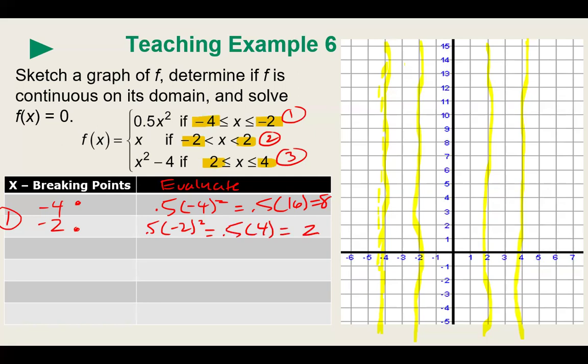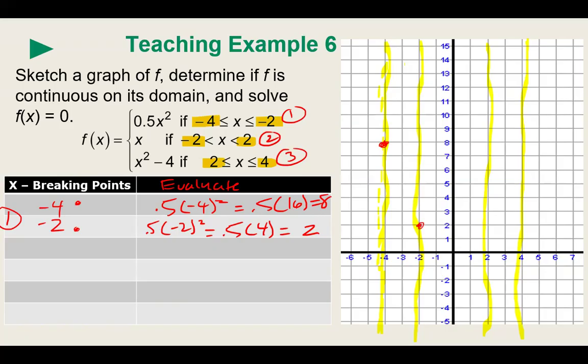After you find your behaviors at your breaking points, you're going to plot them based on what you said. Is it a closed or an open circle? They're closed circles. So I'm going to go to -4, 8 and put a closed circle. I'm going to go to -2, 2 and put a closed circle.